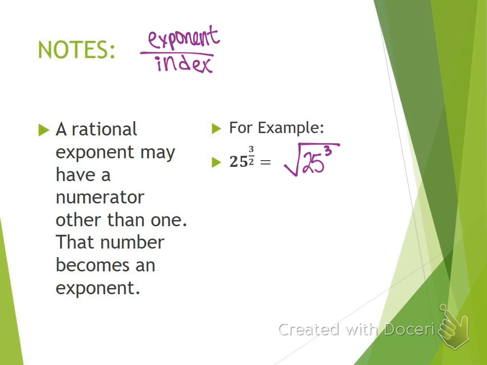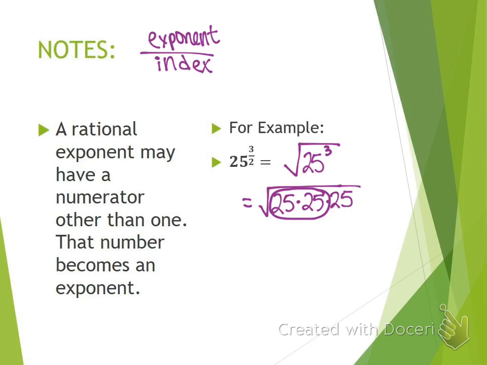Now we should simplify this. Right? We should continue to break this down. If you wanted to, you could multiply out all those 25s. Instead, my recommendation is to write them out and start looking for groups of 2. Okay, if we're taking a square root, we look for groups of 2. What do we already have a group of 2 of? 25. We've got a group of 2 25s.